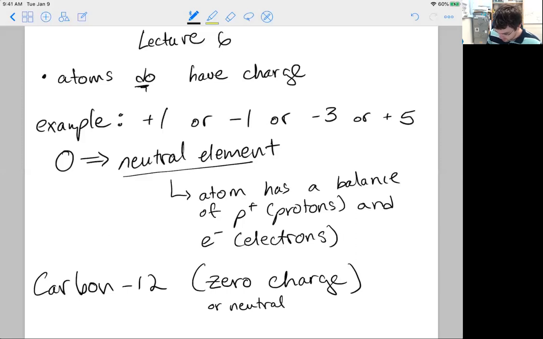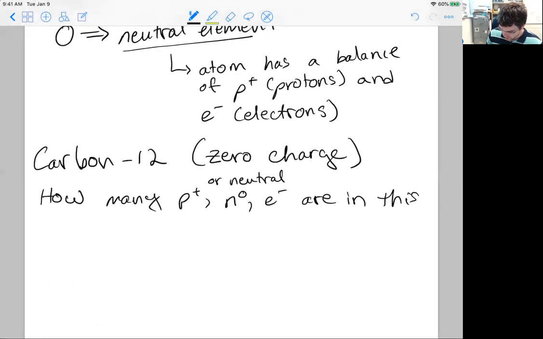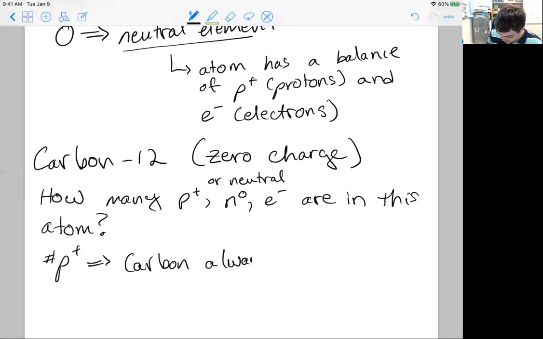For carbon 12 with a 0 or neutral charge, how many protons, neutrons, which I show as N0, and electrons does this element have? Okay, so first of all, the number of protons can be determined by the element. Carbon always has 6 protons. Okay, so step 1 is complete.